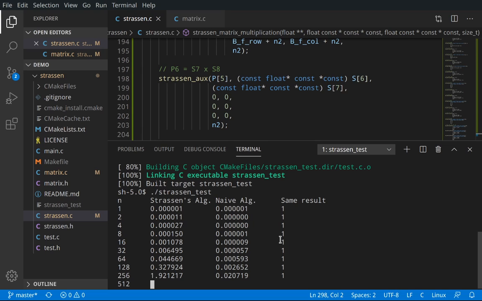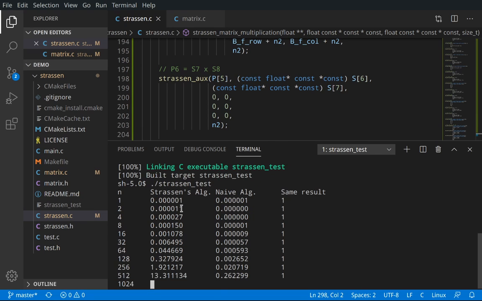I recall that here we are seeing the execution time for a specific size of the matrix, for both Strassen and the naive algorithm. Here you can see that something weird is happening, because our implementation of the Strassen algorithm takes much more time than the naive algorithm.